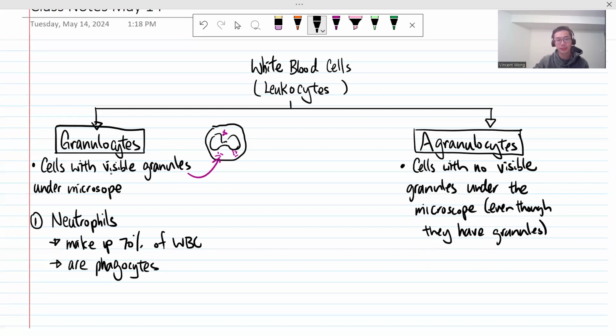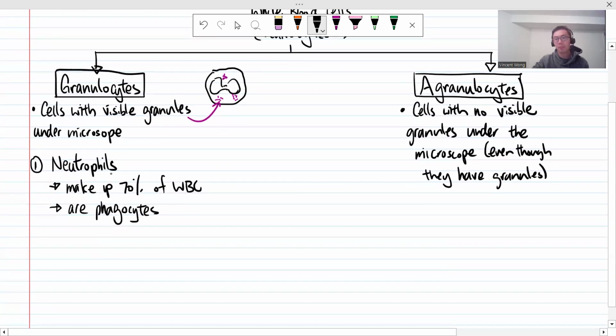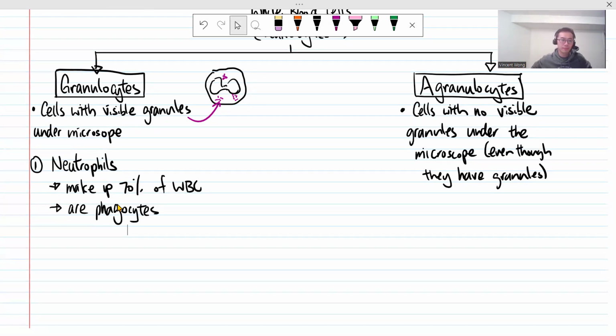So that's neutrophils, makes up 70% of all your white cells. My friend's son, when he was younger, he didn't have enough neutrophils. They weren't sure why. And so he got sick all the time. He was not allowed to go to daycare. His immune system was really weak. But as he grew up, it went back to normal.